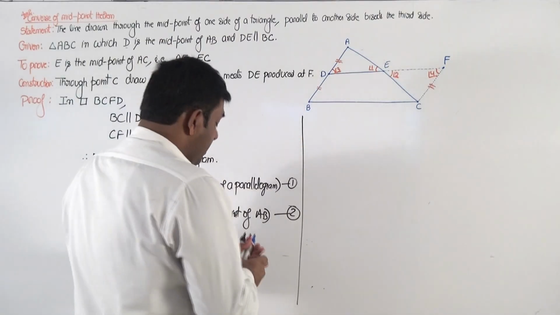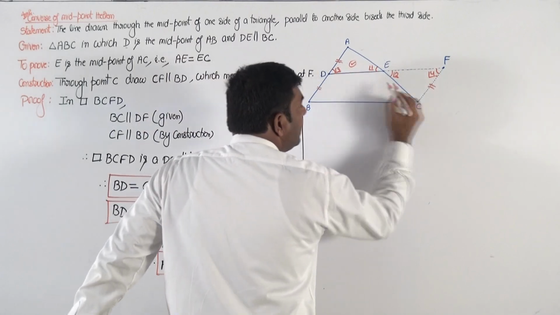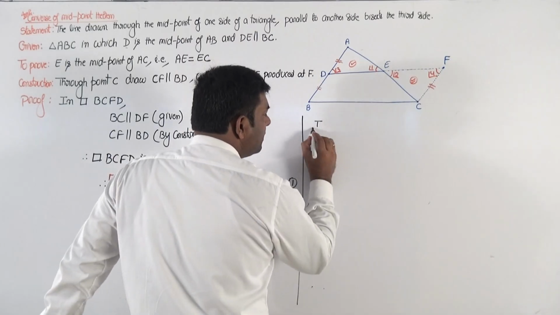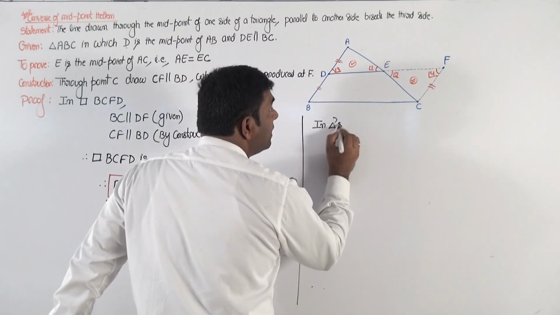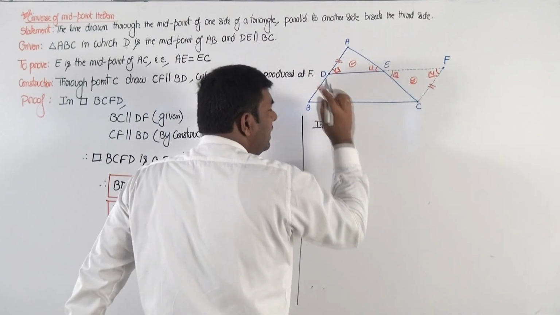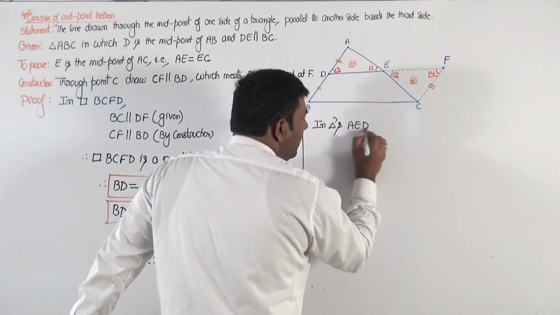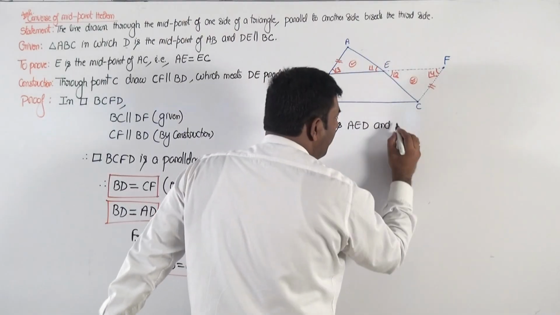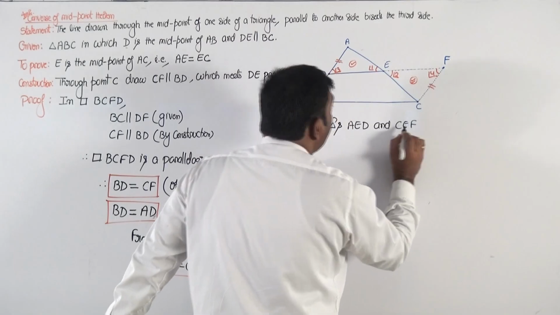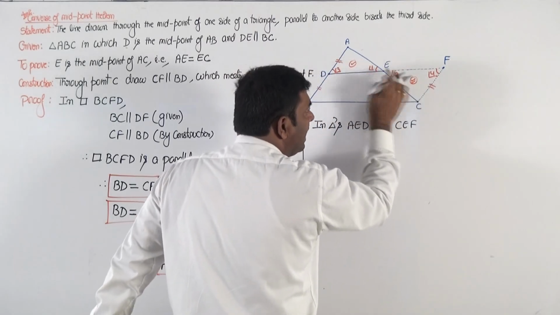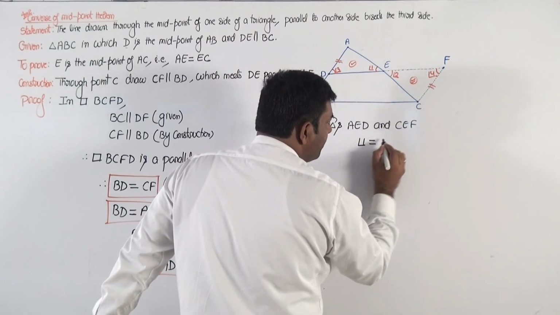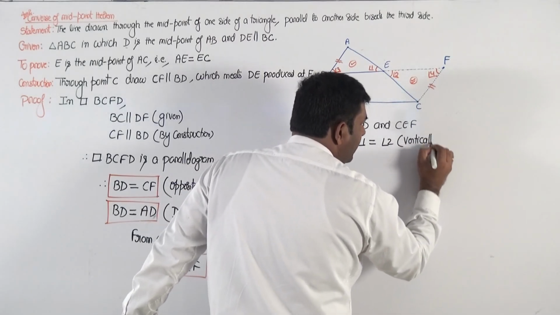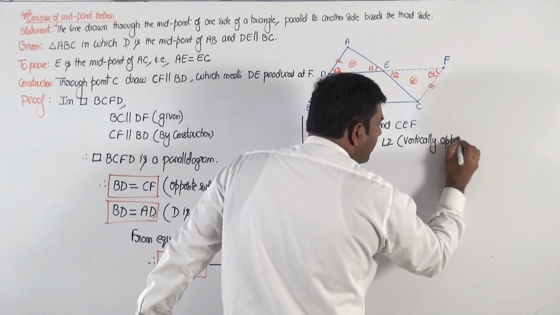So in this triangle and in this triangle, इन दोनों triangles में, कौन से ट्राइंगल्स? AED और CEF, मतलब इस ट्राइंगल में एंगल 1 इज इक्वल टू एंगल 2, vertically opposite angles.